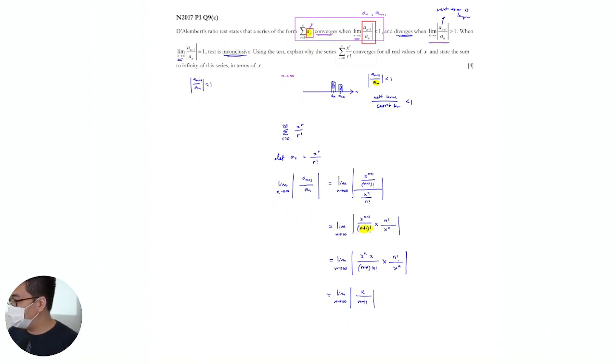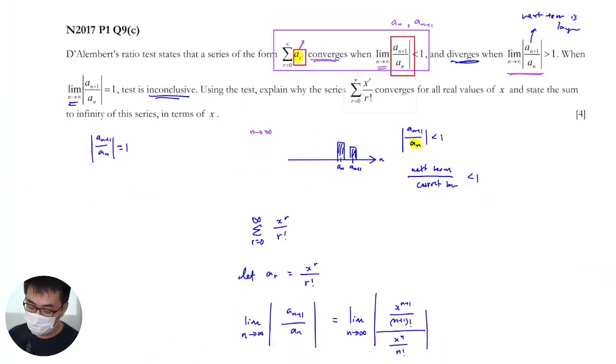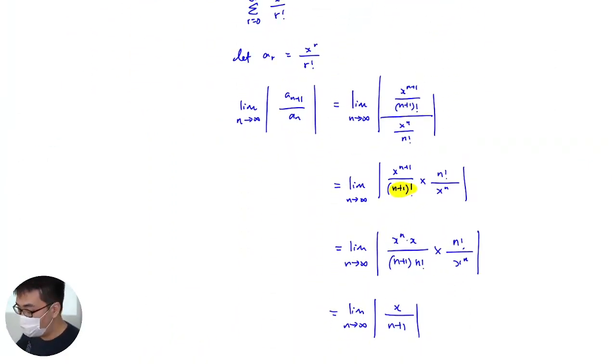What you get is... not many people like the concept, like you see simple things that I kept on regurgitating. Things like I say AN is the current term, AN plus 1 is the next term. If you keep knowing this stuff, it just looks scary, but if you break it down, it's not that difficult to understand.